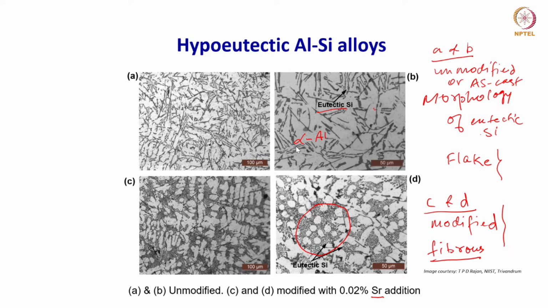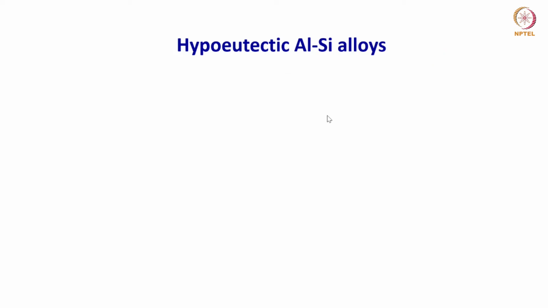In case of these hypoeutectic alloys, we can see some examples. For example, 356 aluminium is a very commonly used aluminium cast alloy. If you see the composition, it is basically aluminium, 7 silicon and some amount of magnesium.